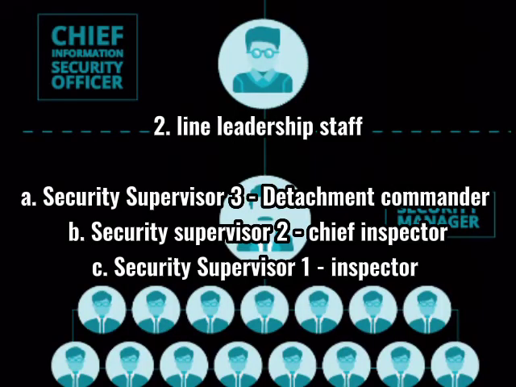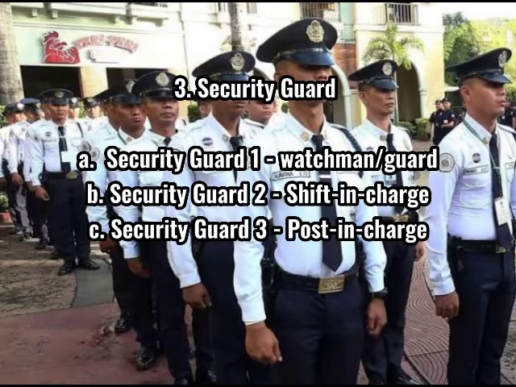Number 2, line leadership staff. It is composed of letter A, security supervisor 3, the detachment commander. Letter B, security supervisor 2, chief inspector. And letter C, security supervisor 1, the inspector. Number 3, security guard is composed of letter A, security guard 1, watchman guard.